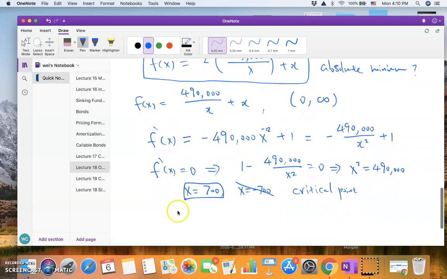Okay, and to find another possible critical point, we look at when the derivative does not exist. According to the form of the derivative, we can see that it does not exist when x is 0.